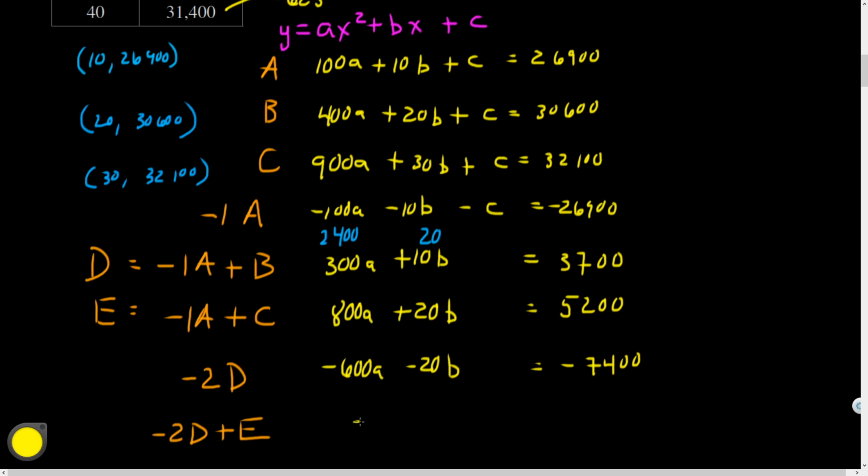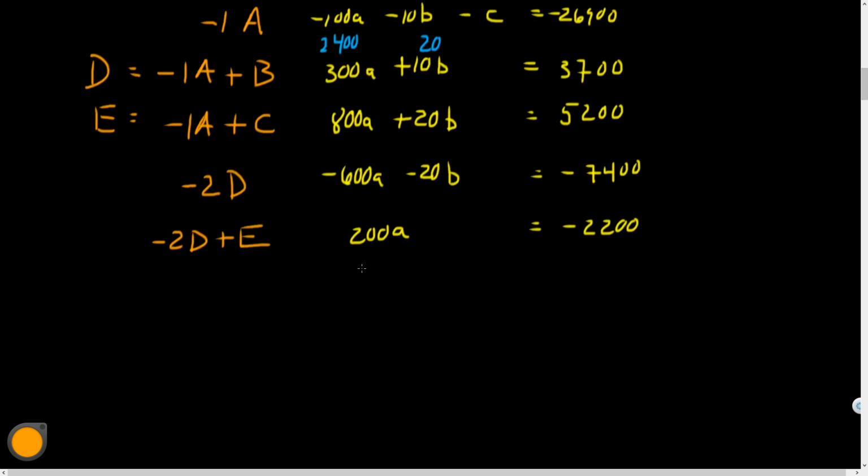And so adding these together, I get 200a. The b's cancel out, and this is equal to negative 2,200. And so all of my system of equation work is identical to what we've been doing, and it now allows me to solve for things that I wasn't previously able to. And so I get a equals negative 11.